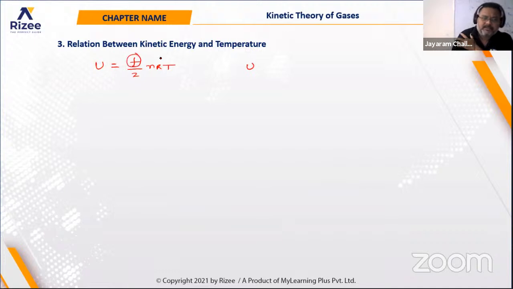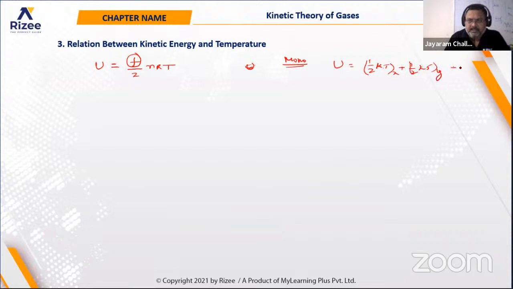the degrees of freedom. For example, for a monoatomic gas, the total energy U will be distributed into three types of kinetic energies: half kT along the x-axis, plus half kT along the y-axis, plus half kT along the z-axis.